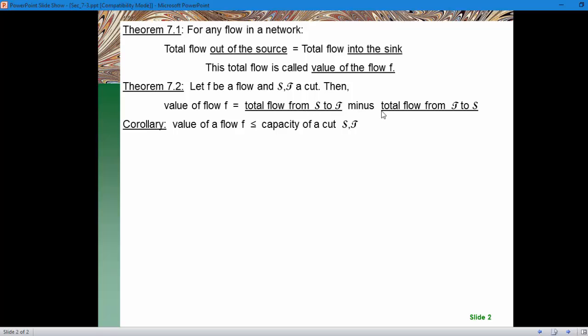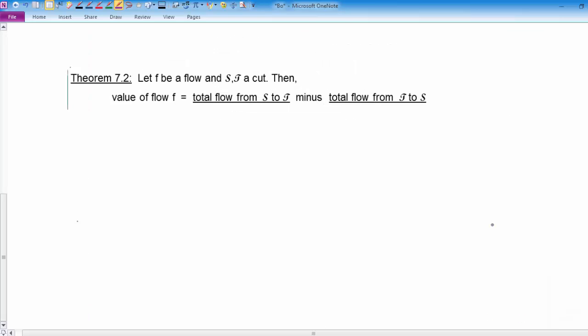This expression minus that expression. When we ignore this, this means that the right side becomes greater than the left side. So let's take a look at that.